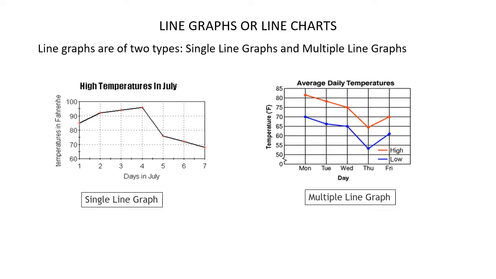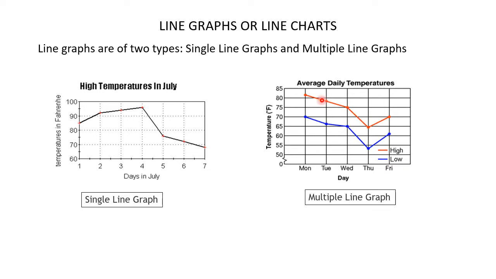Now, as you can see from this multiple line graph, on Mondays, the average low temperature was 70 degrees Fahrenheit, whereas the average high temperature was around 82 degrees Fahrenheit. Similarly, on Wednesdays, the average low temperature was 65 degrees Fahrenheit, whereas the average high temperature was 75 degrees Fahrenheit.